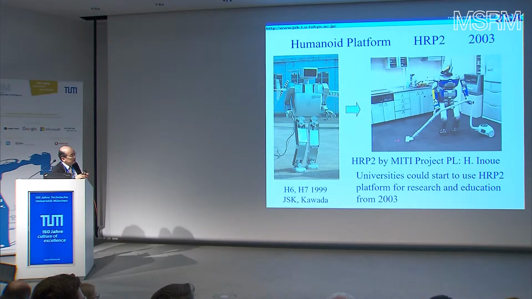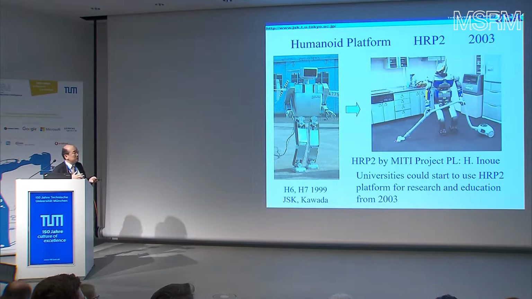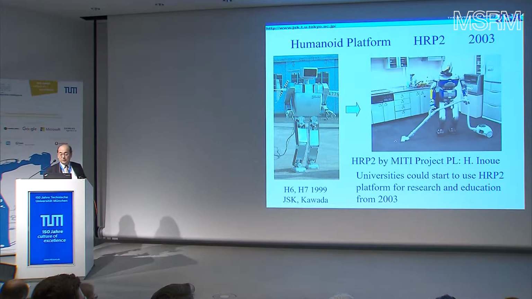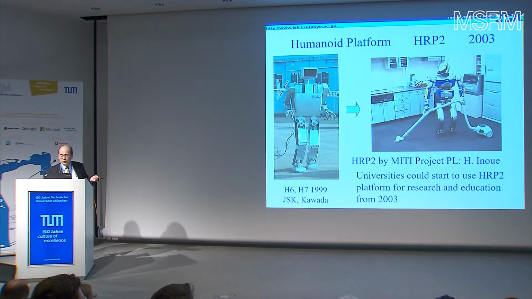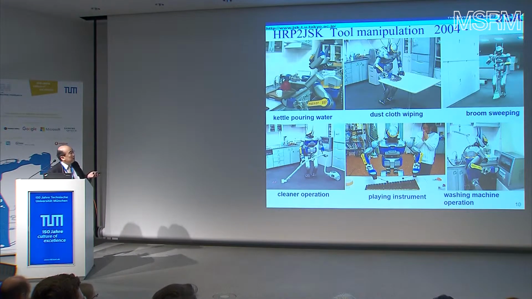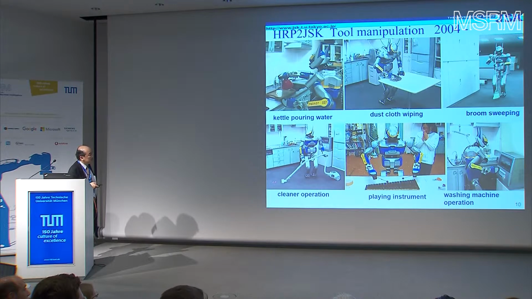Then the Japanese government started a 5-year project for a humanoid platform from 1998 to 2003, and HRP-2 was born. After that project, university students could start to use this platform for their study and research. These are students trying to show a demonstration with this platform.